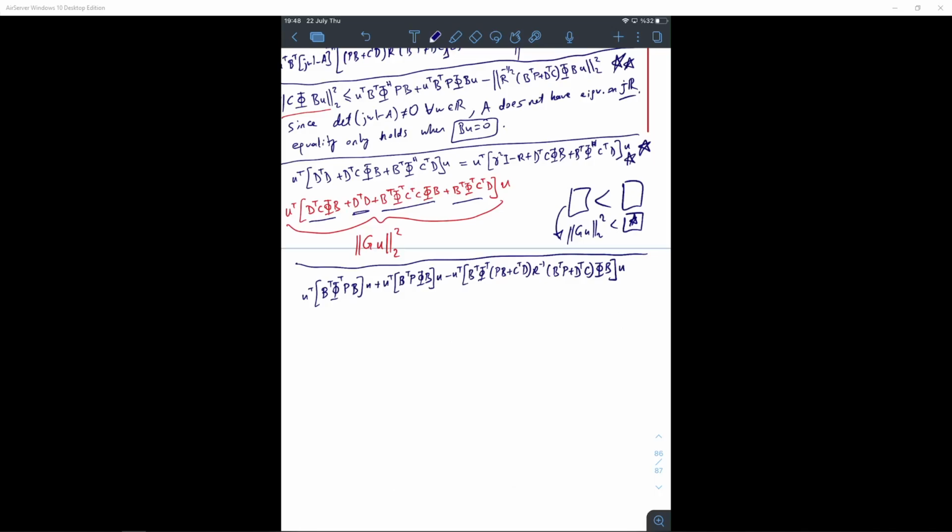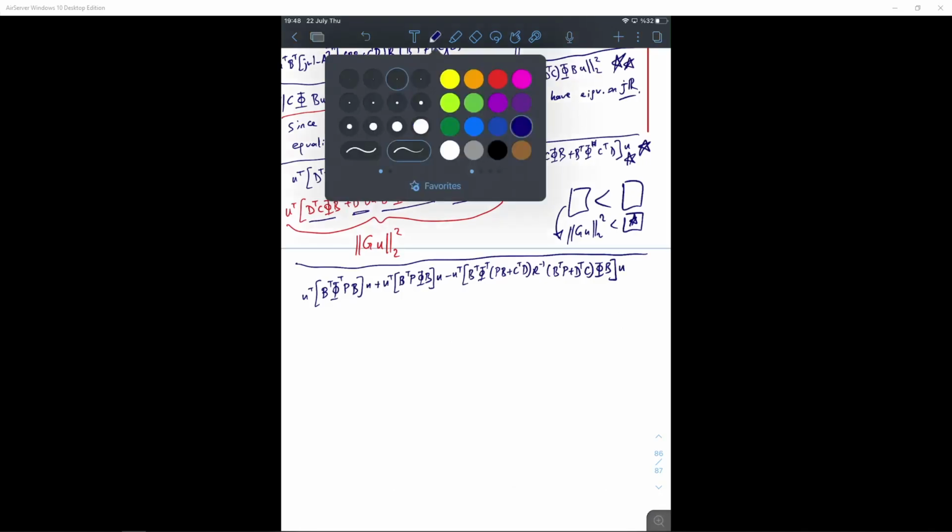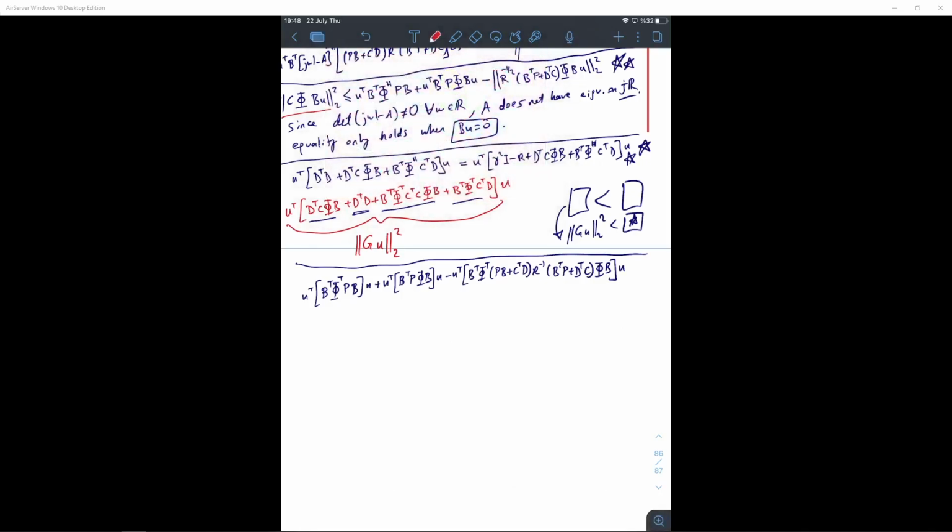But before doing that, I want to adopt a notation. I'm going to call this X, and this X transpose. Otherwise, it's all going to be very hard for me to write them.